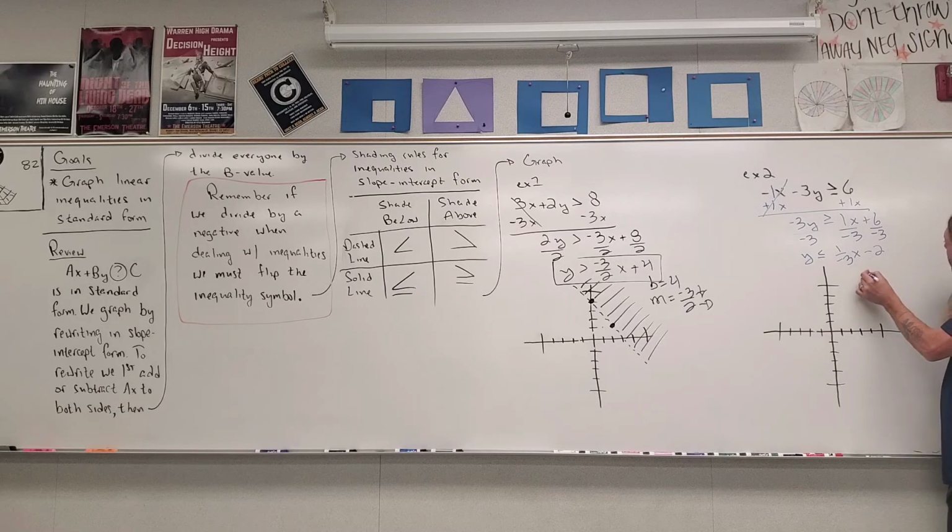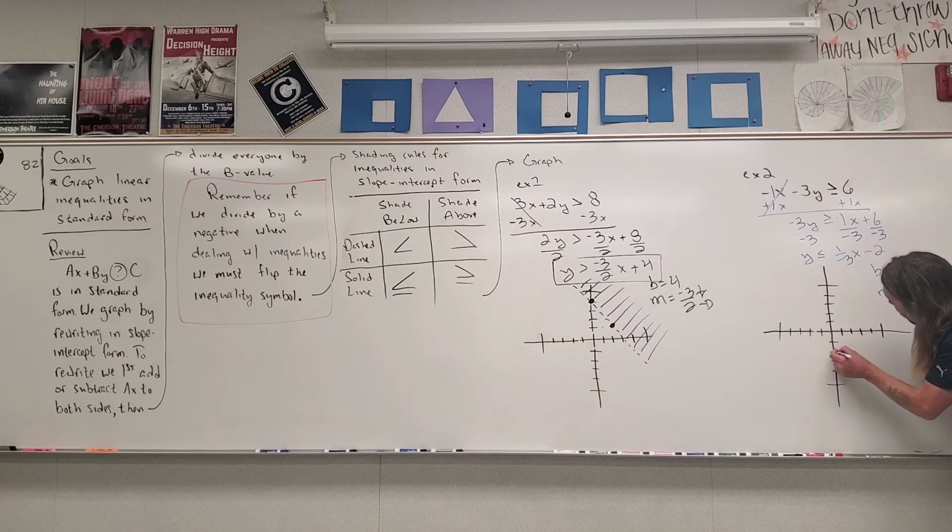My b value is negative 2, and I'm moving in the positive rise with a negative run. So I begin at negative 2. I rise up 1, and then I run to the left 3.